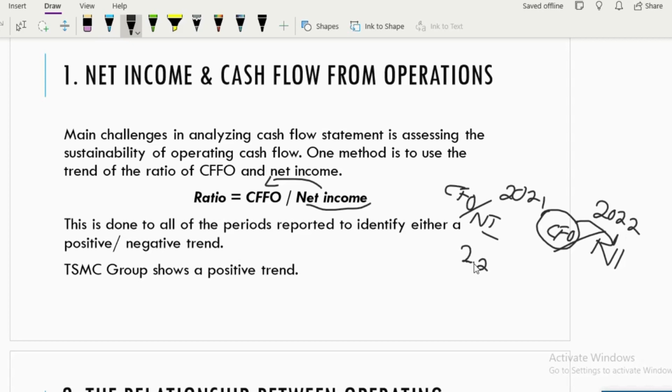This year it should also show consistency. A positive trend means that it's increasing every year, so it should be 2.3 or it should be increasing. So this is done for all the periods reported to identify either a positive or negative trend. You can see here we have a positive trend. Also the example which I shared with you showed us a positive trend.